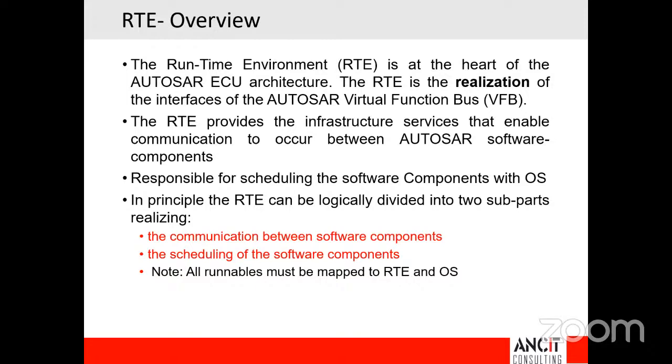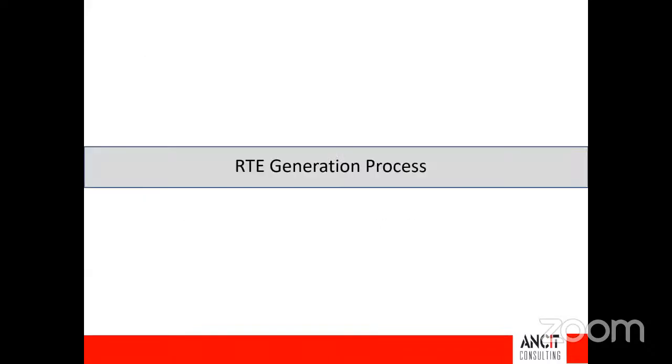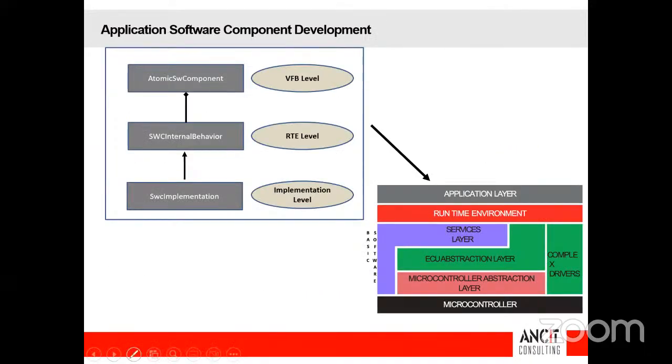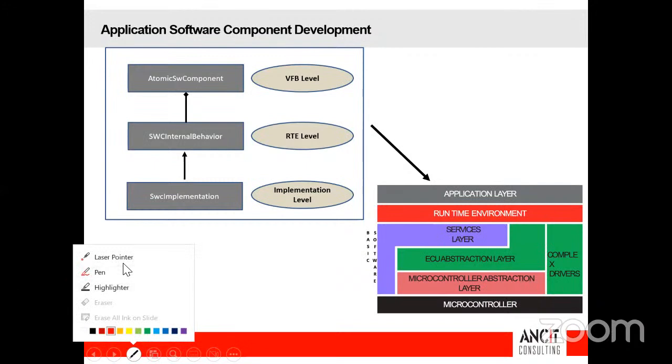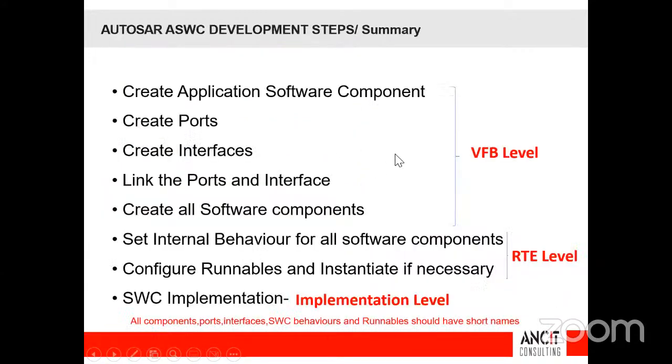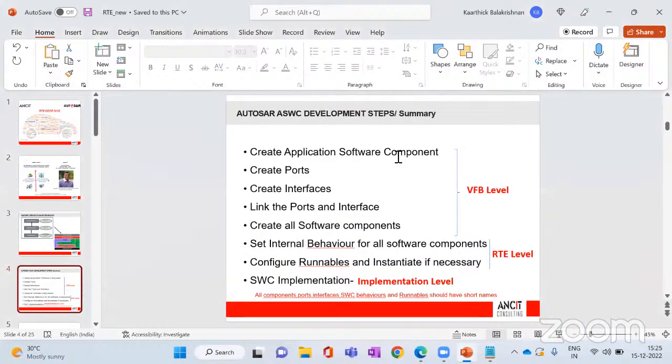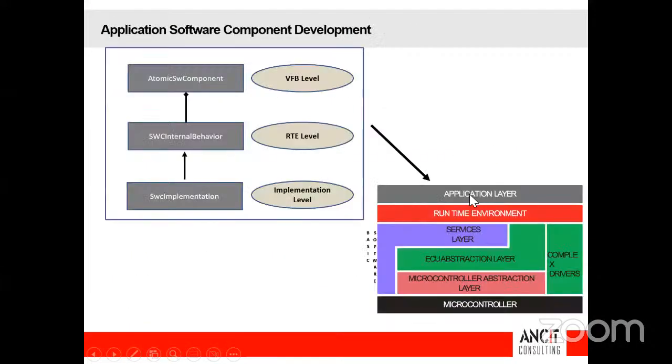Now, we have already declared these variables, which have to be exchanged between the runnables of different software components. So let's say, for example, I have a software component 1 here, and I have a software component 2 here.